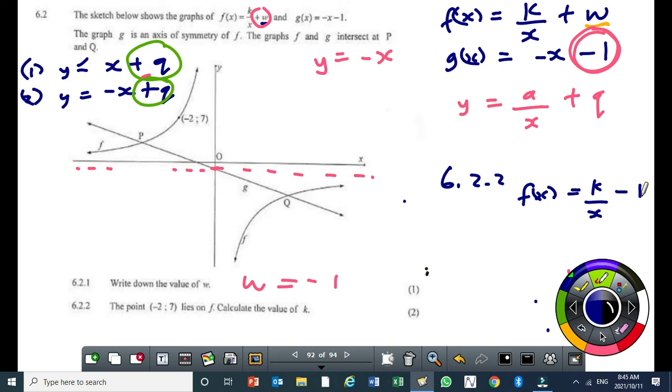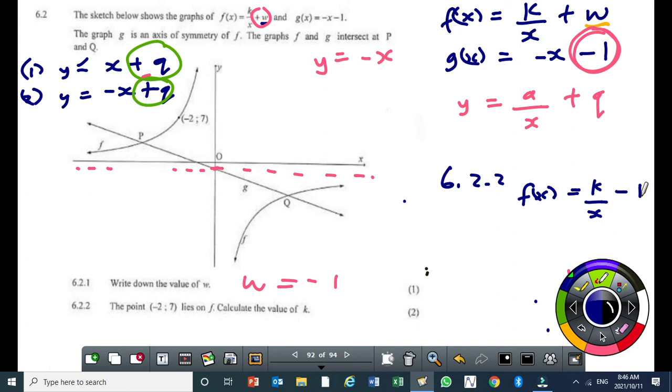Okay, k is going to be negative because, can you pay attention? K is going to be negative because the two curves are drawn in the second quadrant and the fourth quadrant.